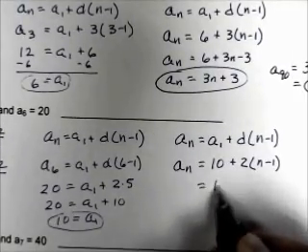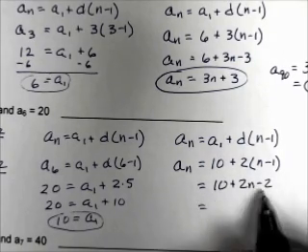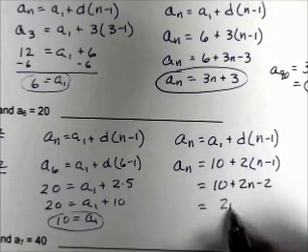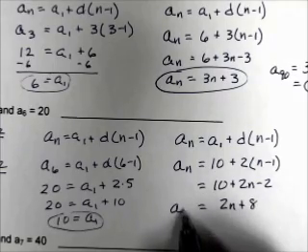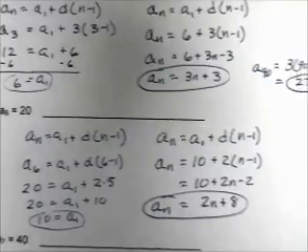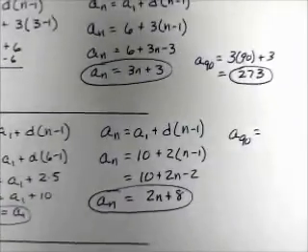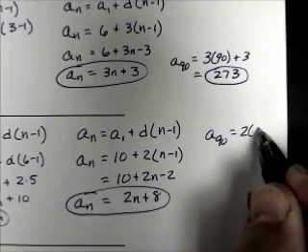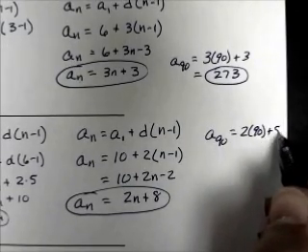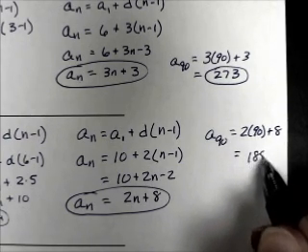Distribute the 2 over the parentheses. Combine, 10 subtract 2 is 8, so this would be 2n plus 8. So this is our rule. a sub n equals 2n plus 8. And then the 90th term, 2 times 90 is 180 plus 8 is 188.